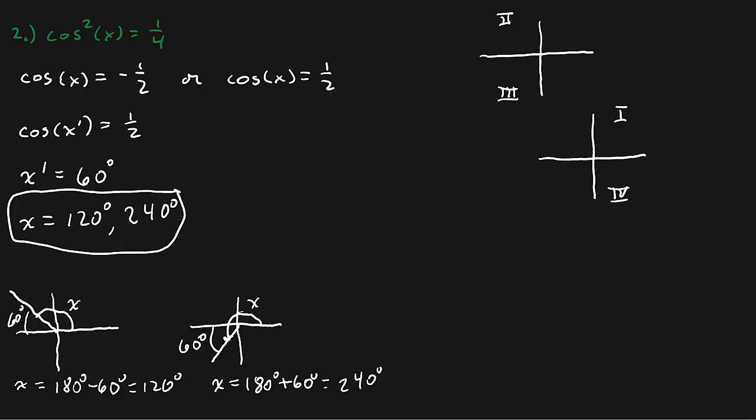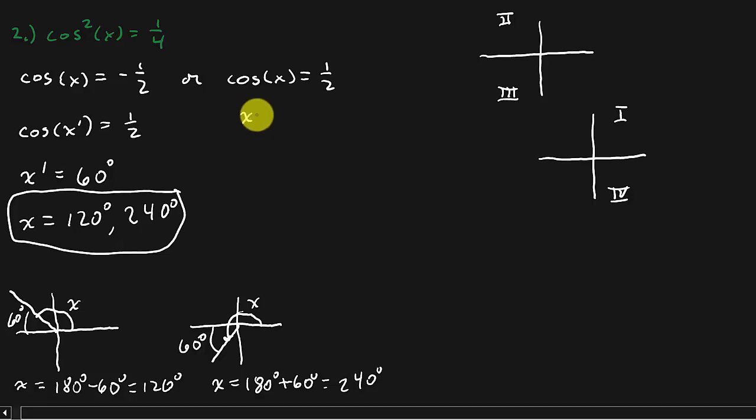On this one, cosine equals 1/2. Is our reference angle one of our solutions? Yes, because one of our solutions is in the first quadrant and your reference angle is in the first quadrant. So I get x is equal to 60 degrees. That's my first quadrant angle because the cosine of 60 is 1/2, and that is also my reference angle.